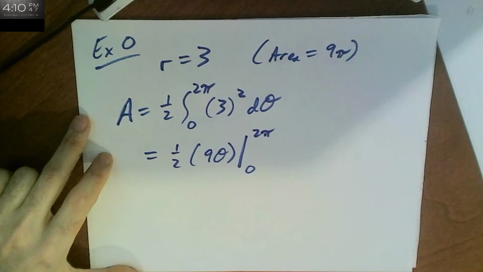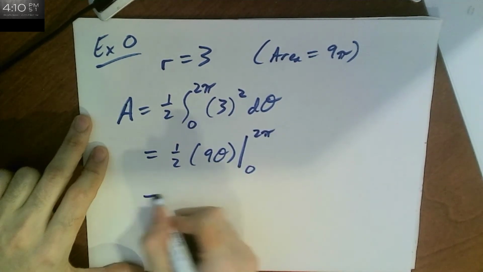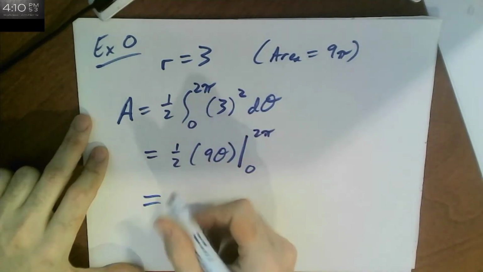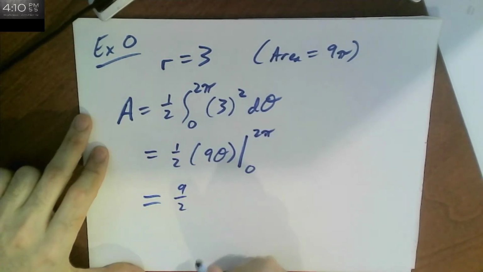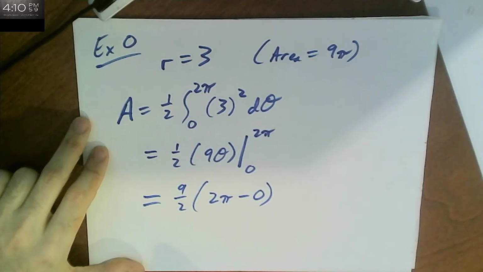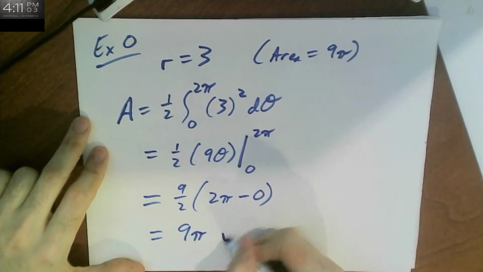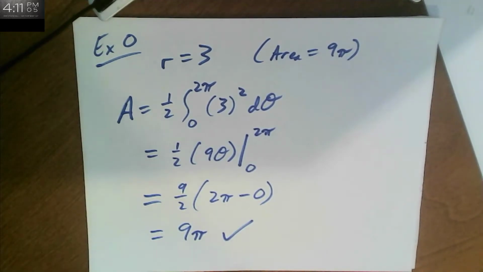The antiderivative of 9 would be 9 theta, and then we use the fundamental theorem of calculus. I'm going to actually pull the 9 out also and just leave it as a 9/2 sitting out there, and I get 2 pi minus 0. The 2's cancel, and indeed 9 pi, as we knew it had to be. Right? It better work.